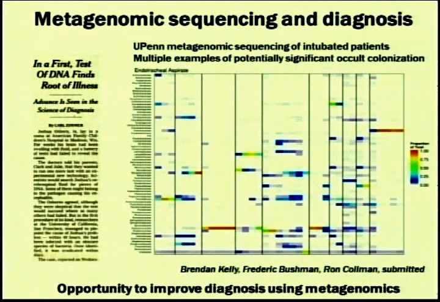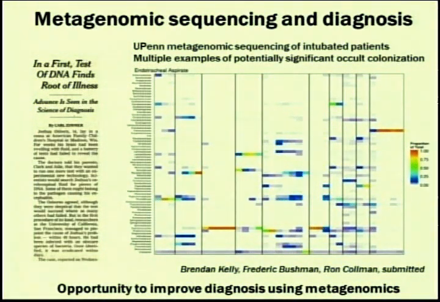So this was really the first example of model-independent shotgun metagenomics used to identify an otherwise occult infection and treat it successfully. So obviously there's a lot of interest in many locations in doing more of this, doing it systematically for patients in many settings.